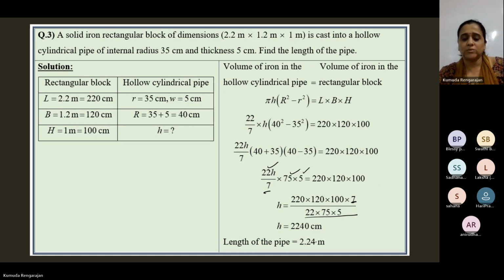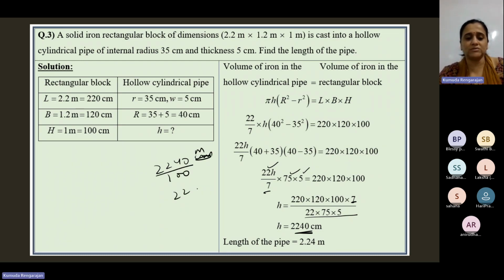Simplify and we get this one. So convert it to meters. Divide by 100. 2240 centimeter divided by 100 will be converted to meters. So 22.4 meters.